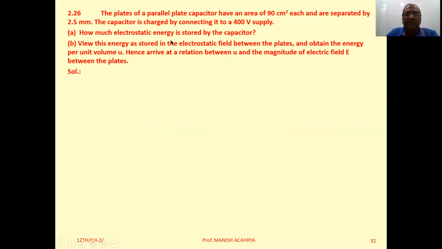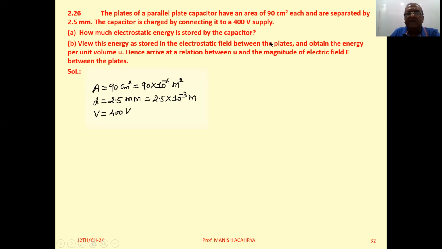A. How much electrostatic energy is stored by the capacitor? B. View this energy as stored in the electrostatic field between the plates and obtain the energy per unit volume U, that is nothing but energy density. Hence, arrive at a relation between U and the magnitude of electric field E between the plates.